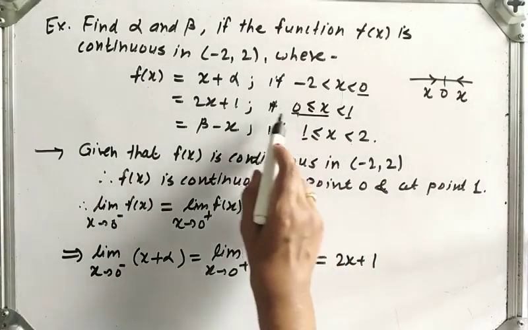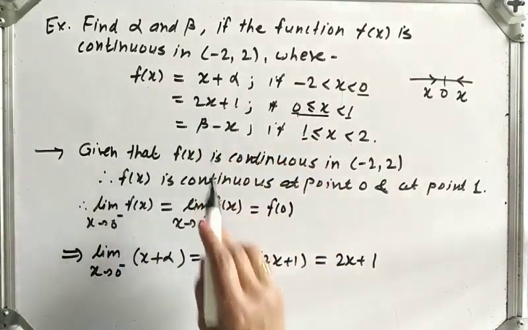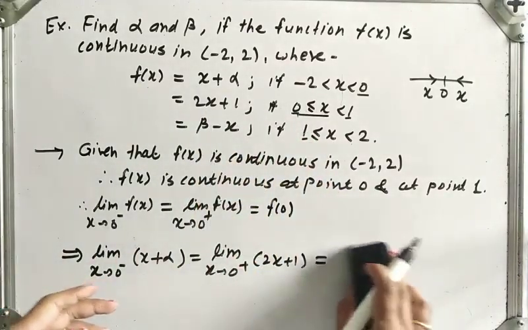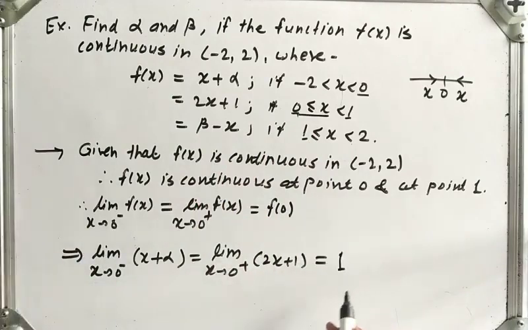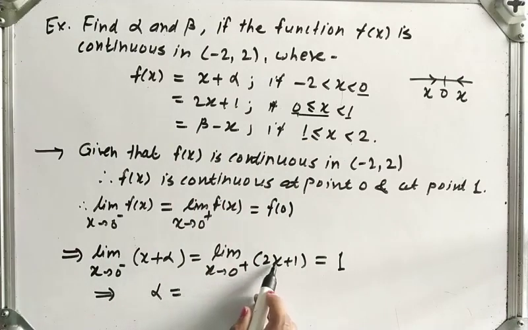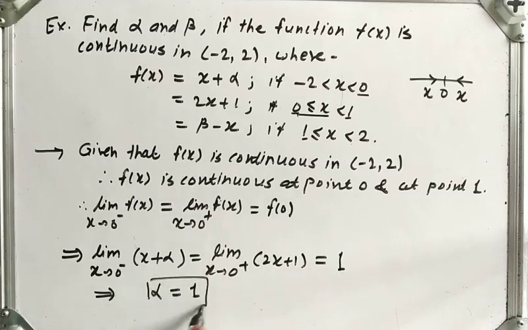Here we are taking x equal to 0, so this value will be 1. So after applying limit, as x tends to 0, alpha is equal to 1. So the value of alpha is 1.